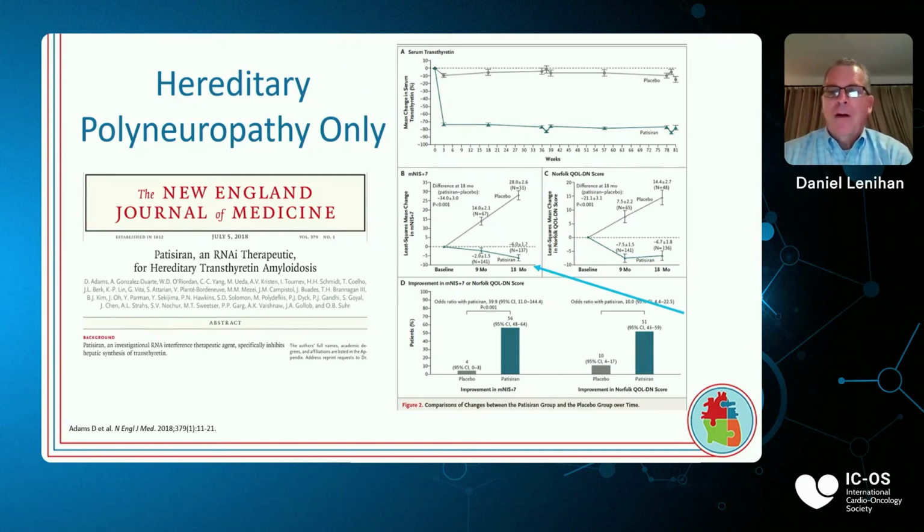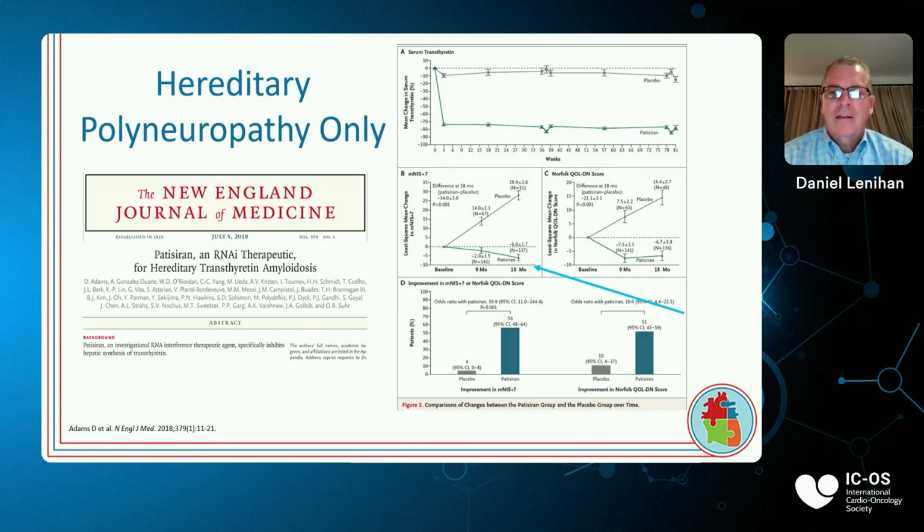And the most important finding from Patisiran, besides the fact that it suppressed TTR levels and it improved overall outcomes in this population, if you just look at the blue arrow on the slide, it shows that nerve function actually improved with Patisiran.